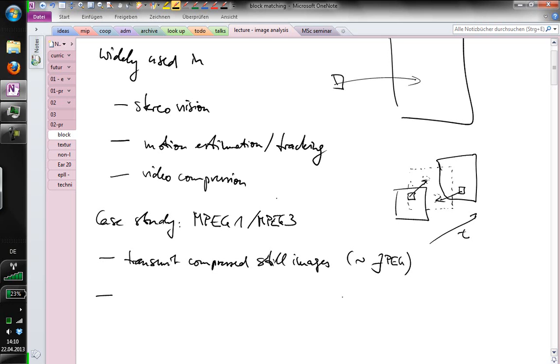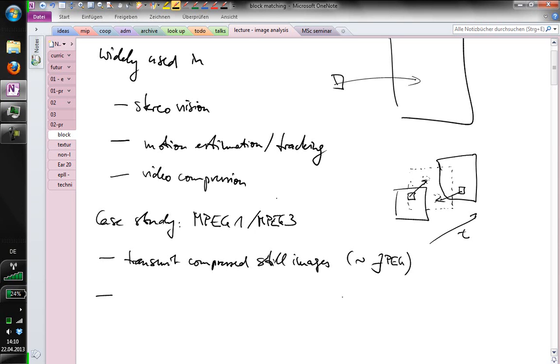This works relatively well when there is little change in the scene, or when there are more global transformations, like a camera pan where the entire image just seems to be moving sideways. But what I'm describing here is still one of the most frequently used mechanisms.